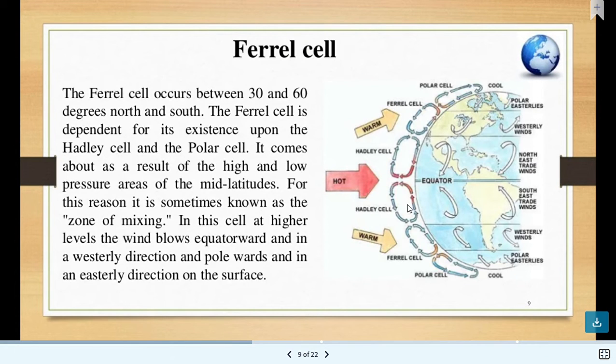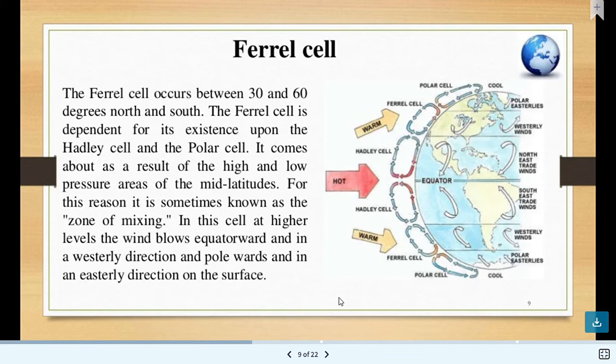Ferrel cell. The Ferrel cell occurs between 30 and 60 degrees north and south. The Ferrel cell is dependent for its existence upon the Hadley cell and the polar cell. It comes about as a result of the high and low pressures at the mid latitudes.